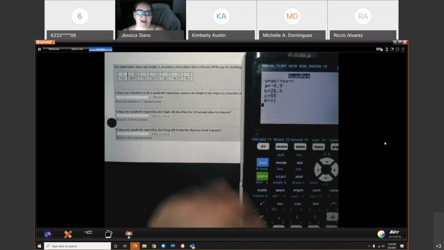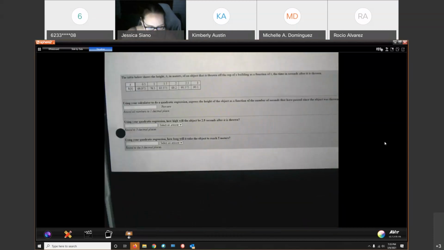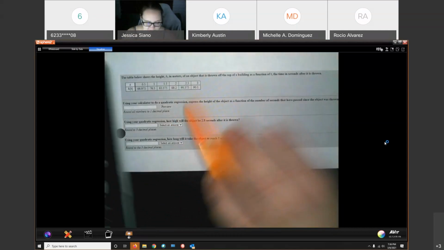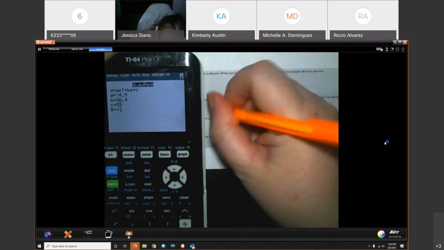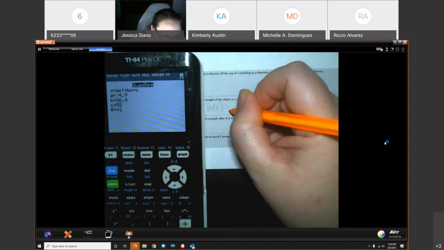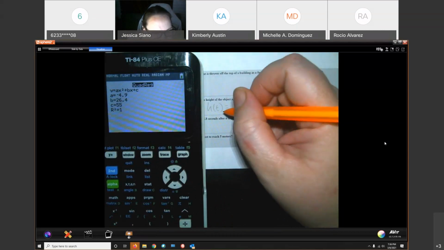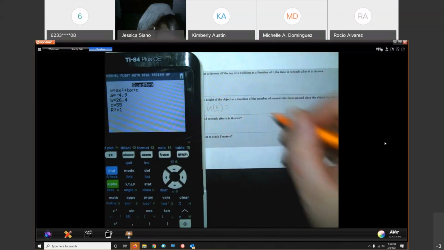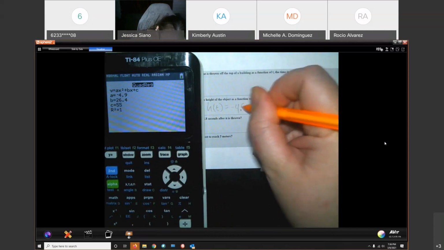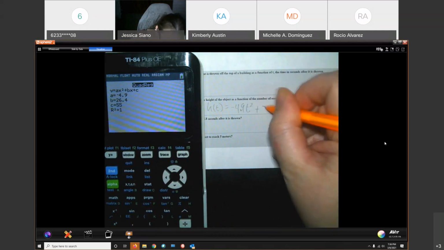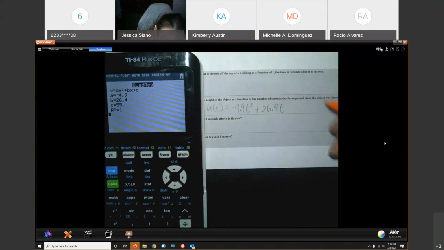So then my equation, which is what they're looking for here in this first one, is h of t equals negative 4.9 t squared plus 26.4 t plus 55.